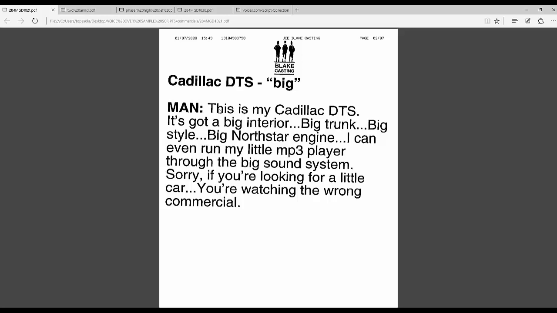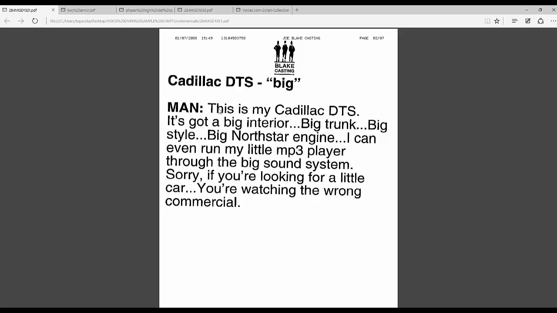It's got a big interior, big trunk, big style, big North Star engine. I can even run my little MP3 player through my big sound system. Sorry if you're looking for a little car. You're watching the wrong commercial. And that's it. I like that. So you get the idea. Now we do not have any direction, any type of voice whatsoever. But with these alone, this is how you self-direct. Study it.